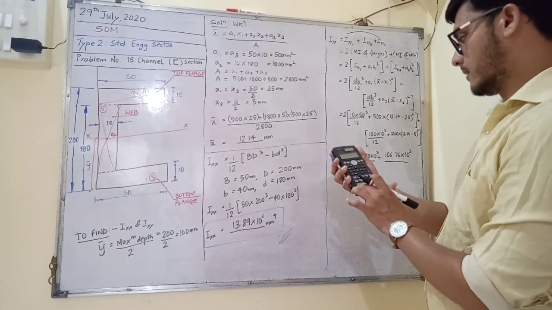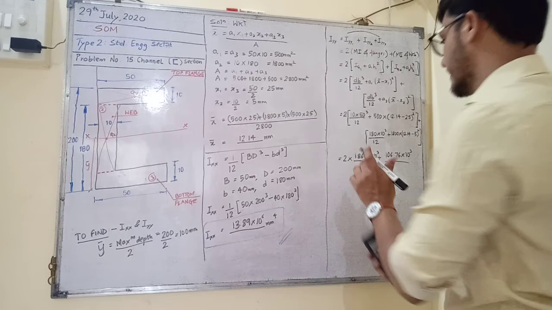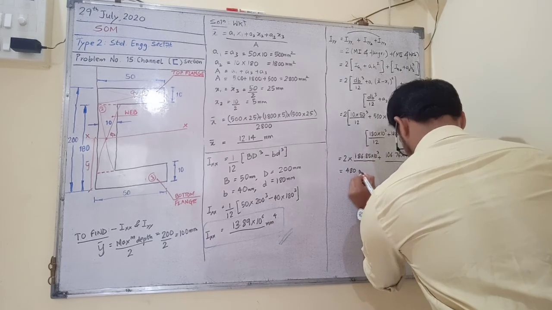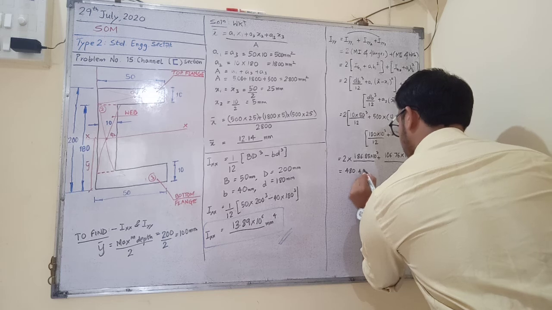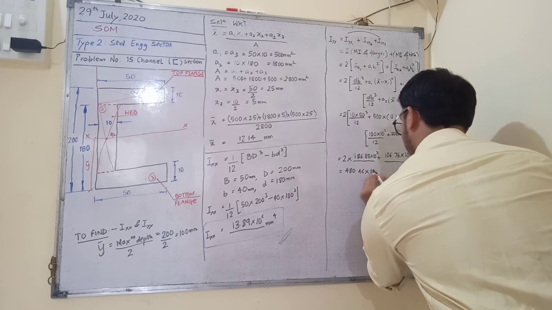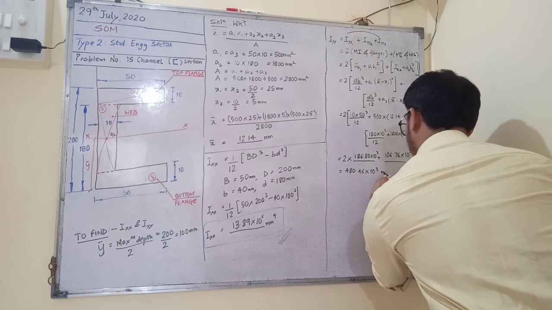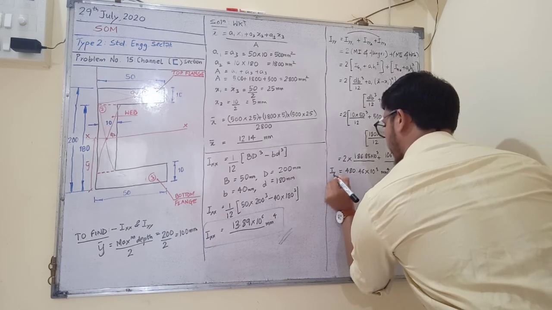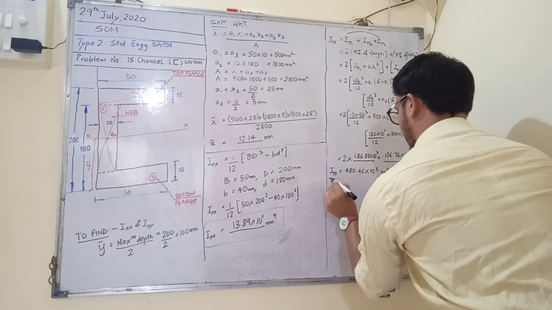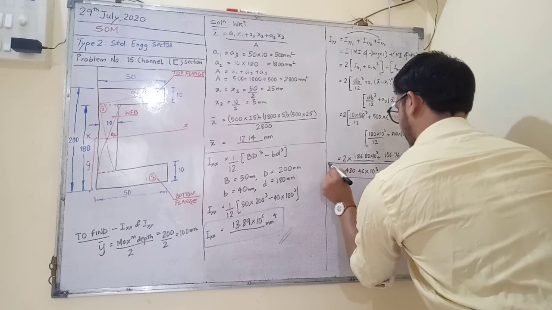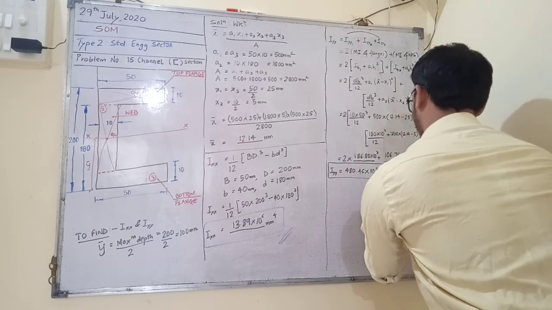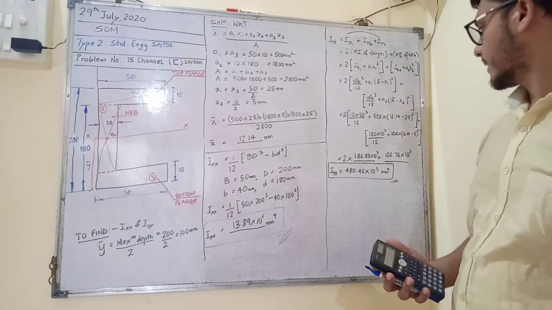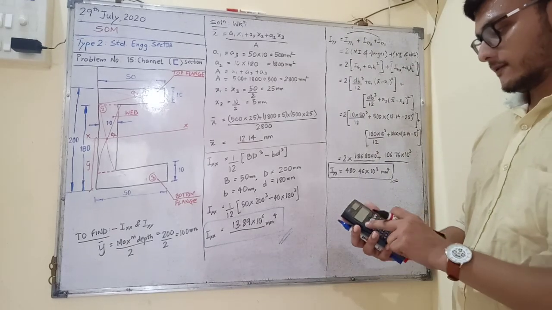So I am getting 480.46 into 10 raised to 3 millimeter raised to 4. This is the value of Iyy.